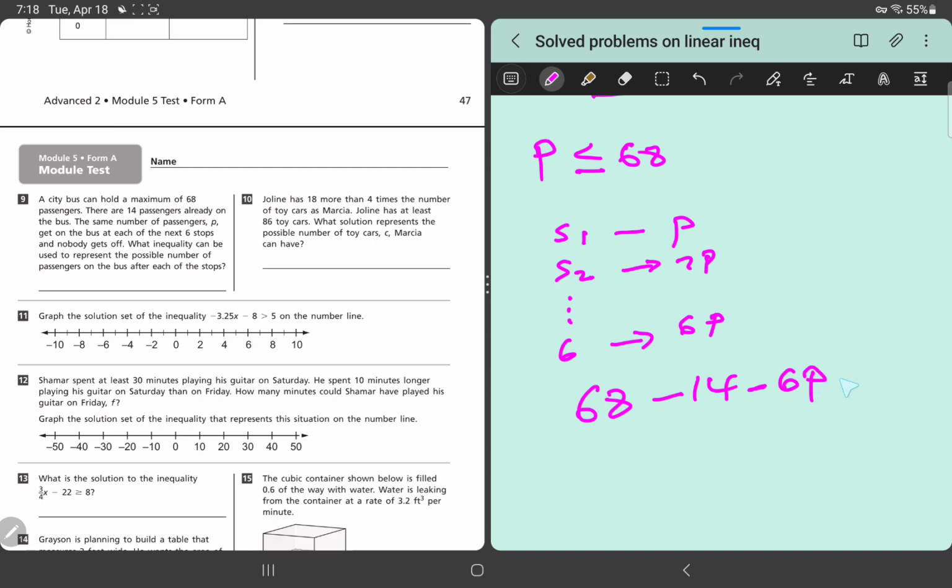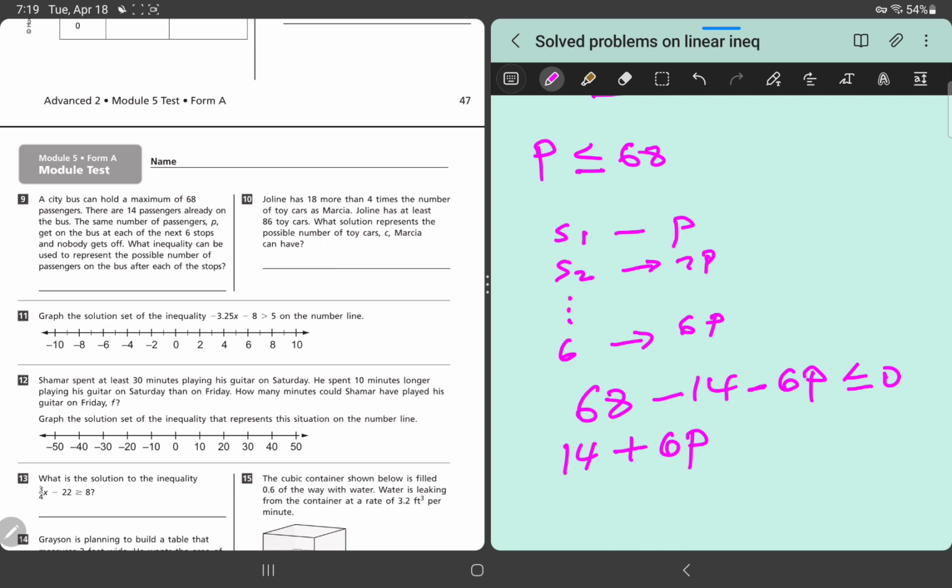This is how much? If it is fully loaded, this can be 0. If there is more space, this can be less than 0. So this can be less than or equal to 0. You can say the 14 in the beginning, plus 6 times the number of people at each bus station maybe.